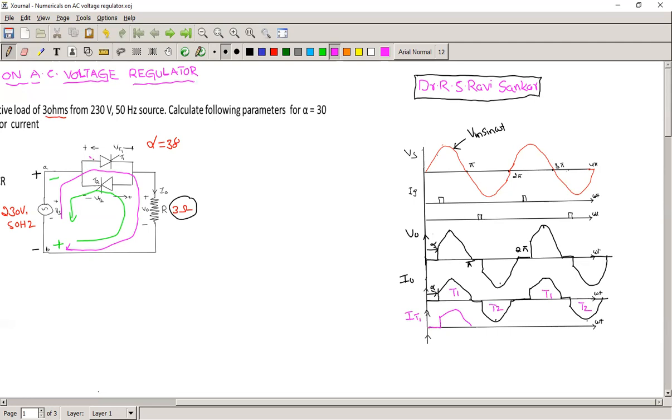The current passing through the second thyristor is IT2. In the negative cycle, T1 is not conducting. Again at 2 pi plus alpha, T1 is conducting, with the same waveform. Whenever T2 is conducting, T1 does not conduct any current. This is one cycle of operation, because we want to find the average and RMS value of thyristor current. That is the first part.